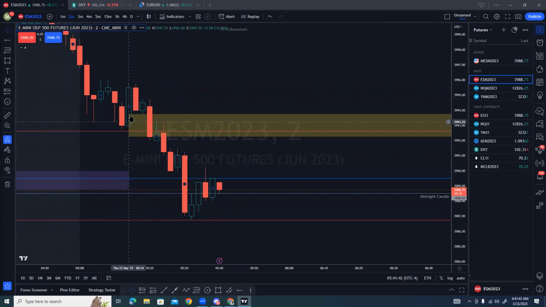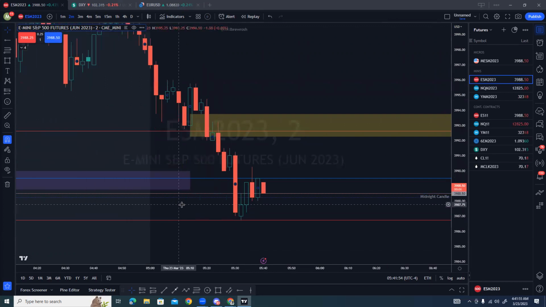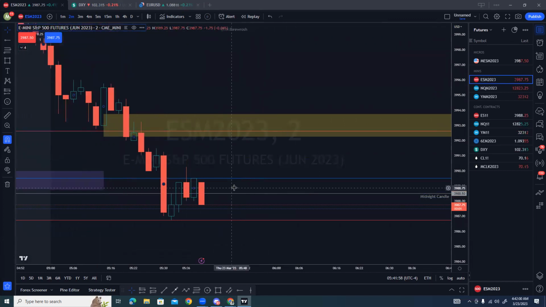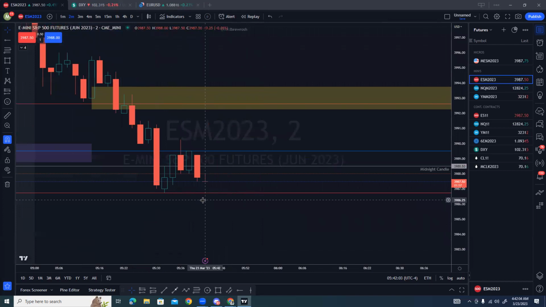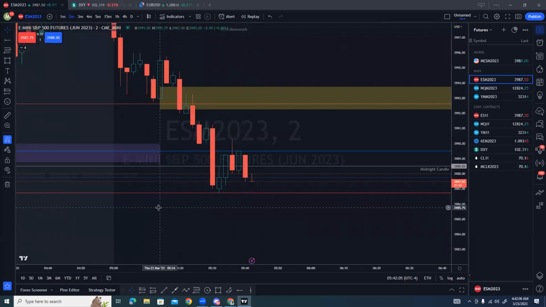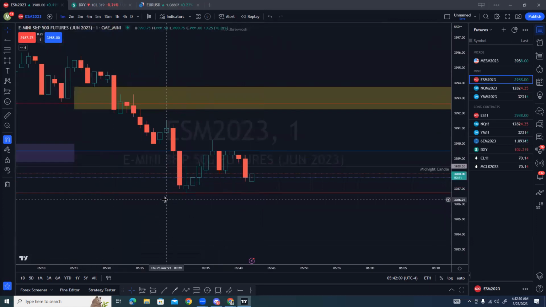This right here is going to be an order block because we've come down, pushed up, made a new swing high, and then we rolled over. So 50% of that would be an order block.